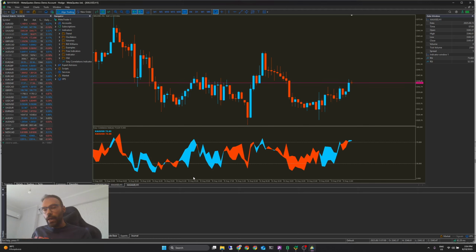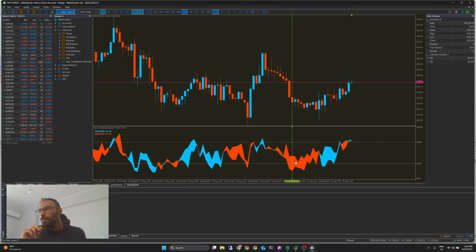Now let's try to identify together some opportunity. Let's focus on one period, one opportunity, and what I can see directly, most recently we had this big distance here between gold and silver.